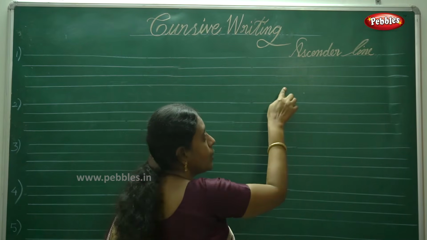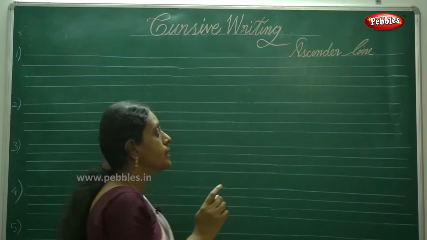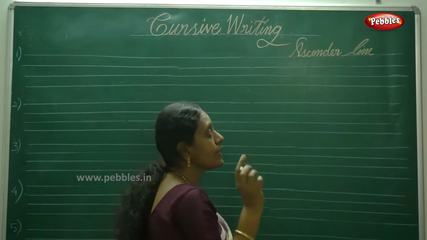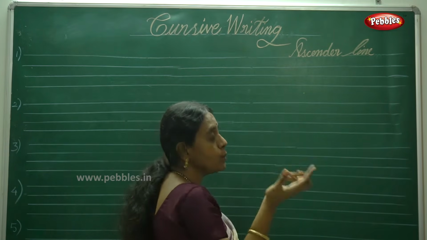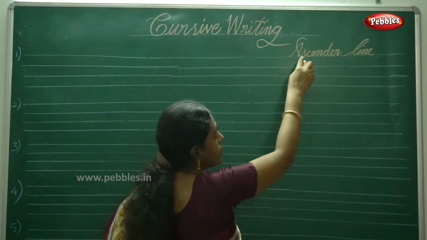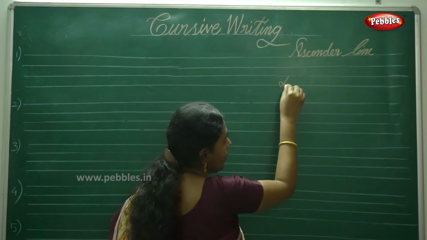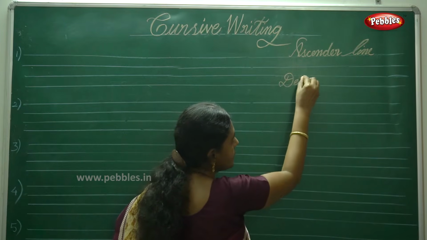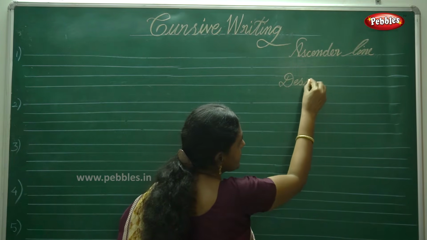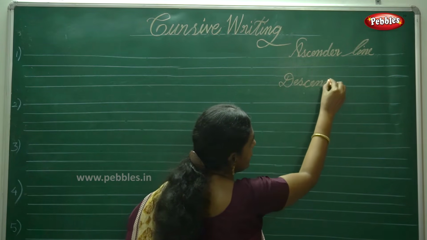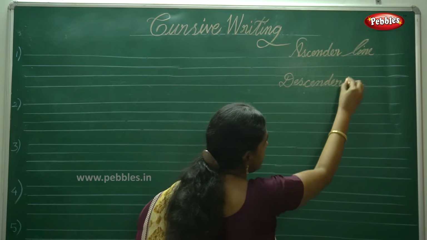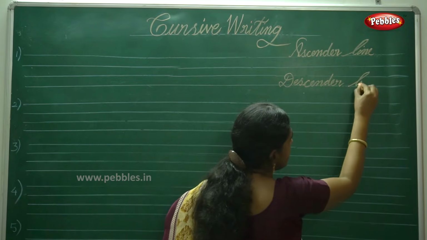Then the lowermost line. In your notebook these 2 lines are colored red, these 2 lines are blue. It may vary also. The last line is called the descender line. Descender, descender line.